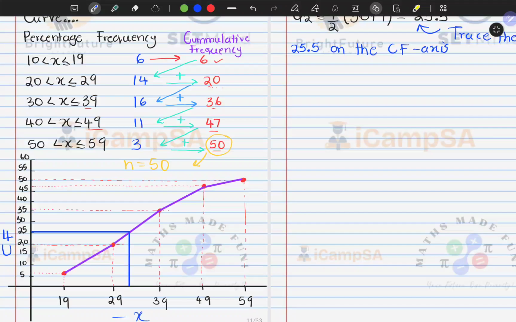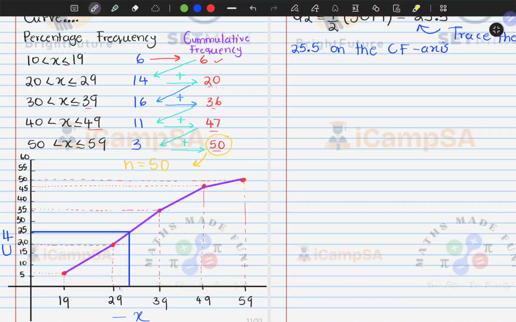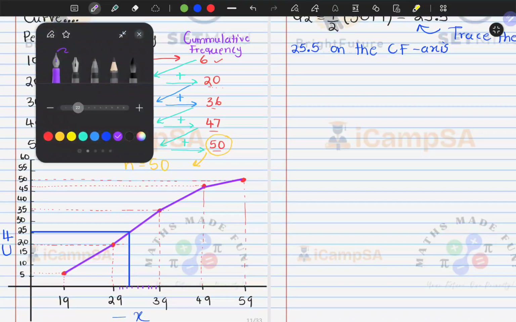Okay. So if you observe carefully, you will see that between the two numbers, we have 10 points. So you have 1, 2, 3, 4, 5, 6, 7, 8, 9. So you could be okay if you were to say it's 29 plus 3. So essentially round about 32 or 33.